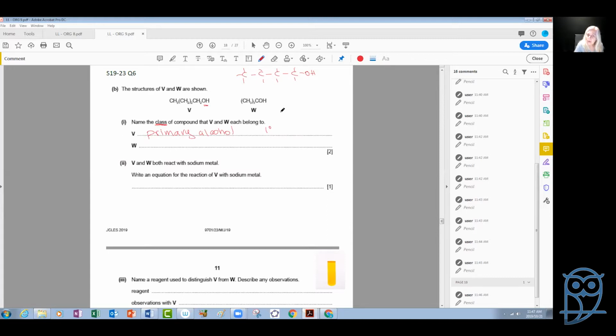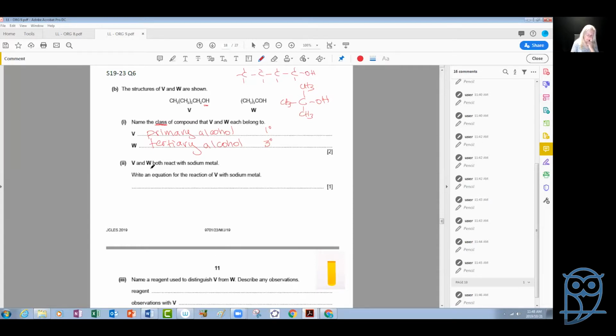Now W, look at this carbon, it's connected to 3 methyl groups. So we have a carbon and 3 methyl groups, which means this is a tertiary carbon, and this is called a tertiary alcohol. So its class is tertiary alcohol, or third degree alcohol.